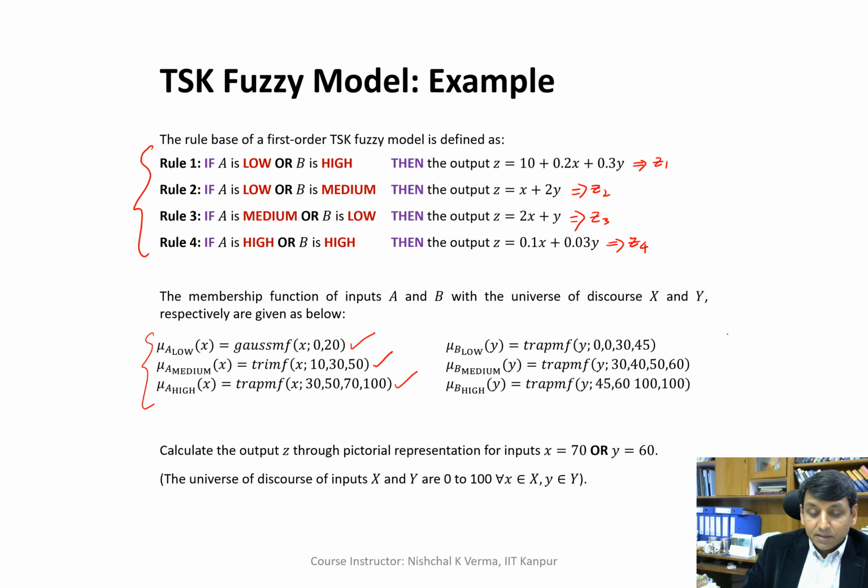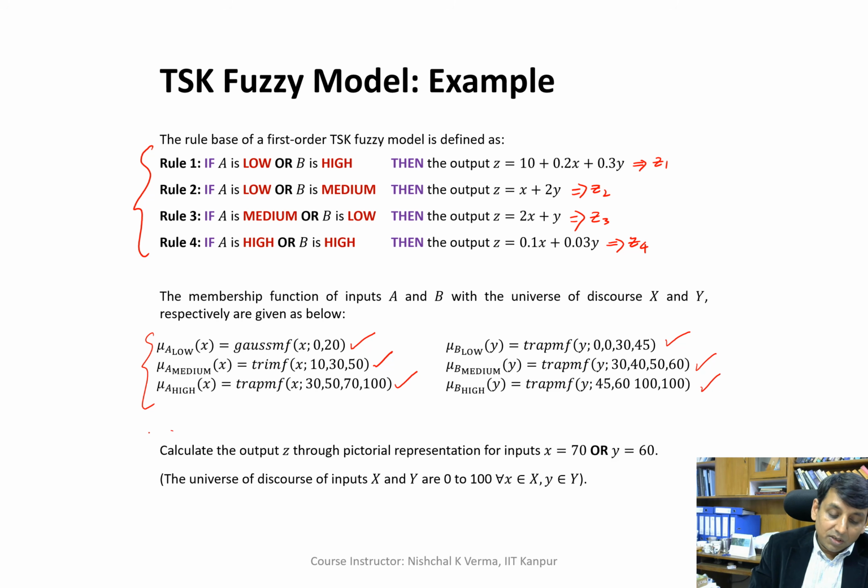Similarly, the input in the antecedent part is divided into 3 fuzzy regions, and every fuzzy region is represented by the fuzzy sets low, medium, high, characterized by the membership functions mu B low, mu B medium, mu B high. You can see mu B low is trapezoidal, mu B medium is also trapezoidal, and mu B high is also trapezoidal.